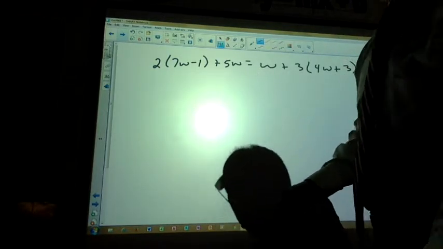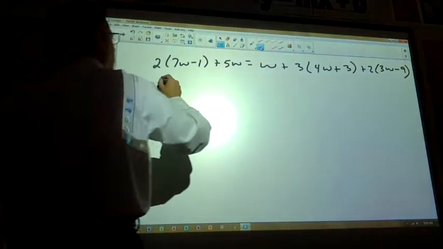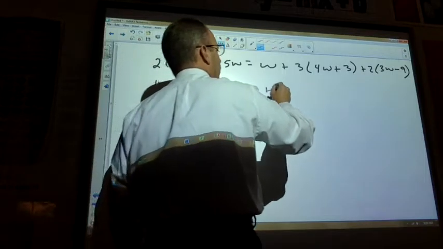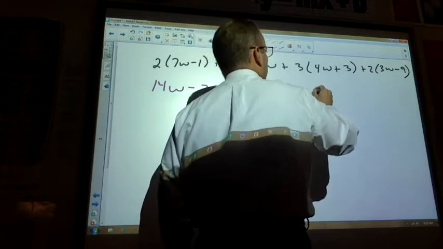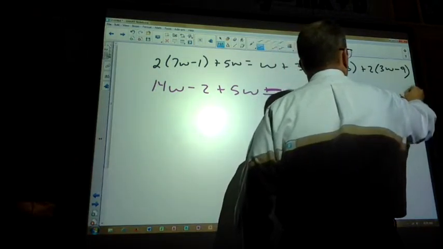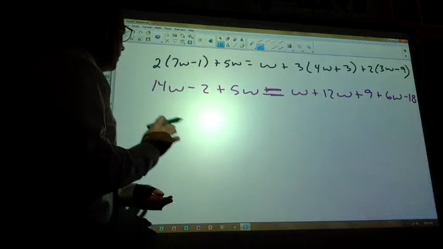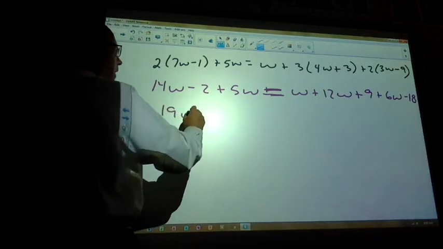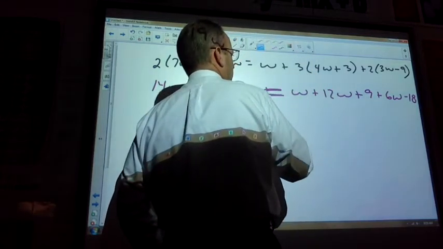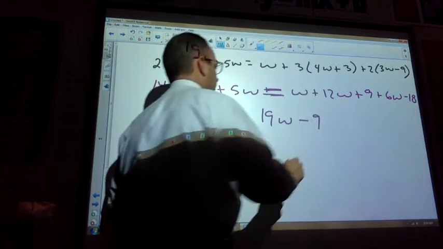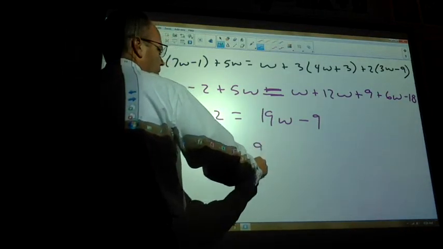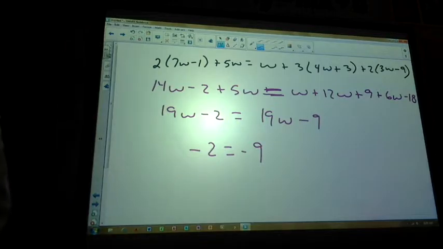Whole bunch of parentheses, right? Yep. All right. Let's see what we combine together. I think I have 19w over here minus 2 equals 19w minus 9. If I were to subtract 19w from both sides, I wind up with realizing that negative 2 is now equal to negative 9.